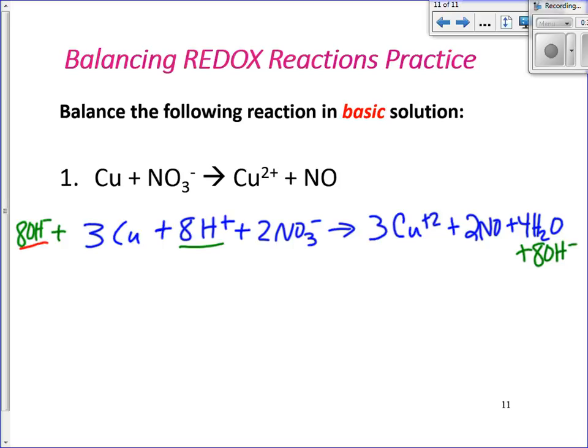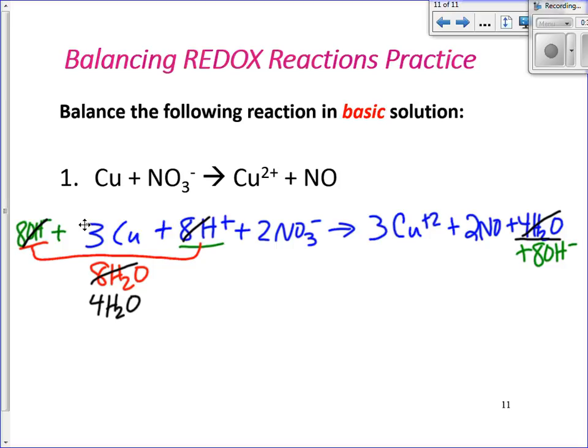Now the OHs and the H pluses combine to form 8 waters. Okay, so those two are going to merge into water. Now there's one last cancellation that must happen because there's 4 waters over here. The 4 waters are going to go, and the 8 waters now are going to reduce to 4 waters. Just leave the 8 OH.